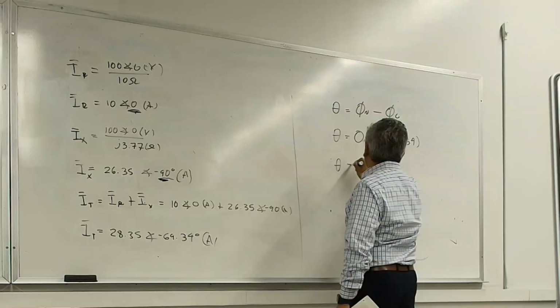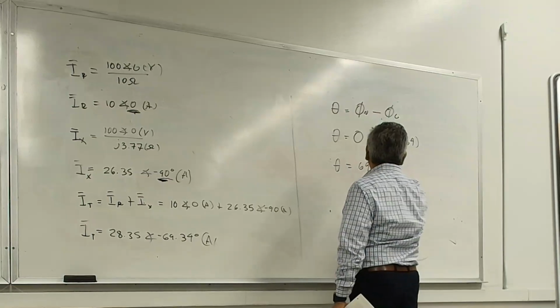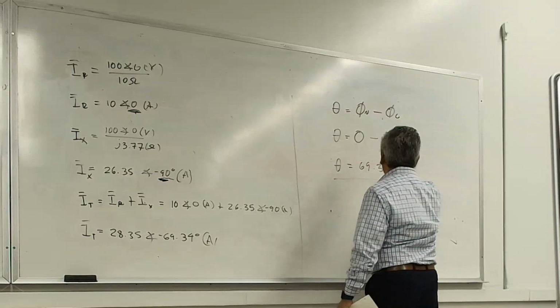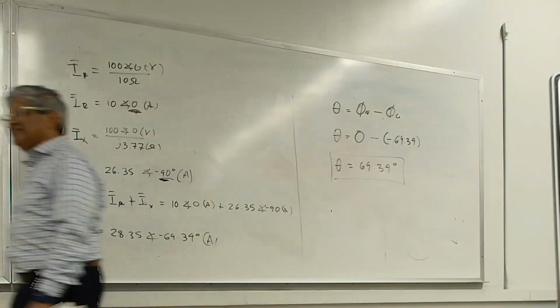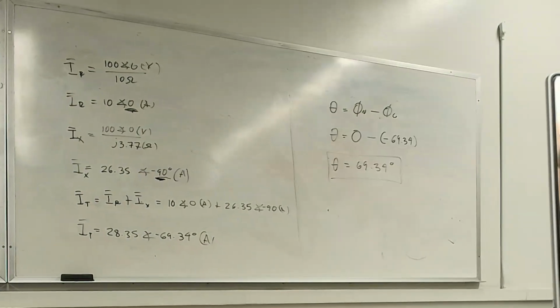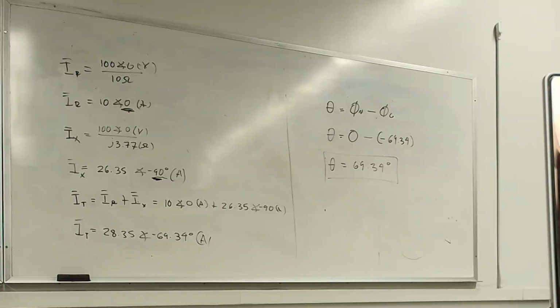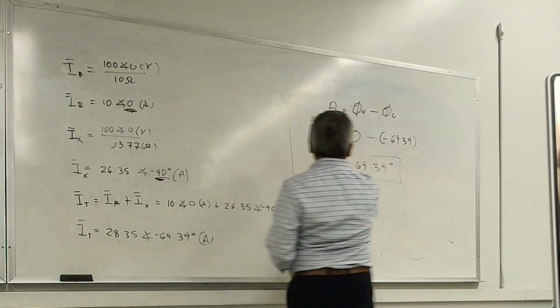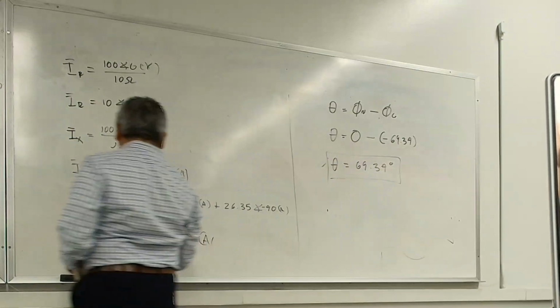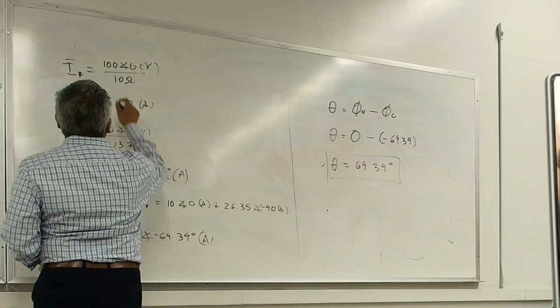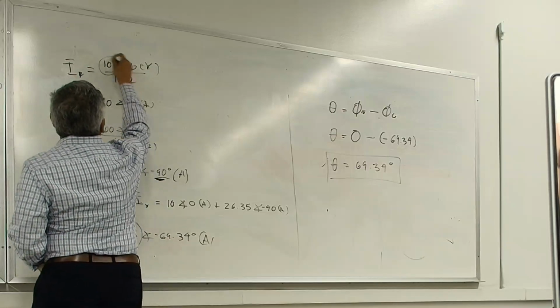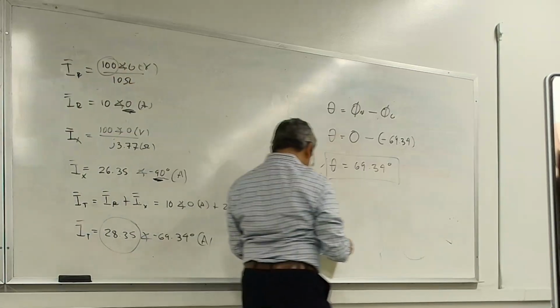That gives me theta equal to 69.34 degrees. Everybody okay with me? I made a mistake earlier, but I think I double checked. All right, so I know the angle, and I know the current magnitude and the voltage magnitude. I have enough information now.